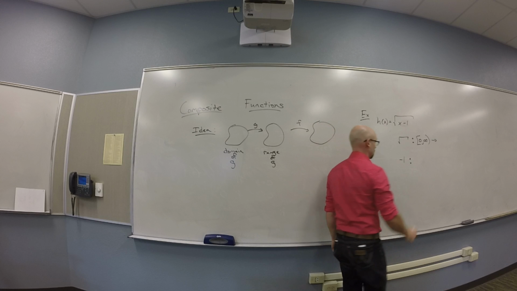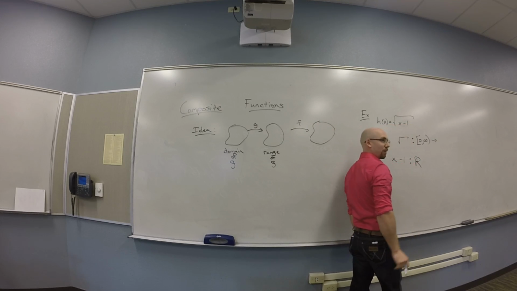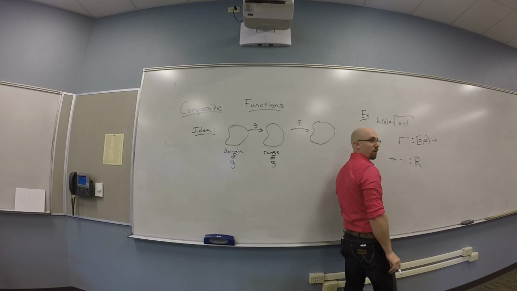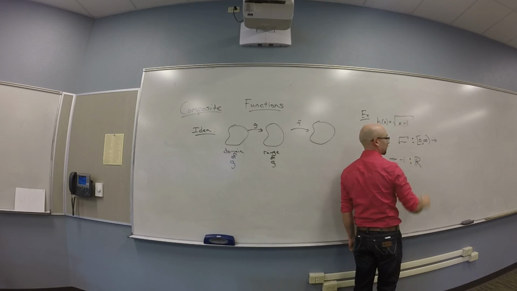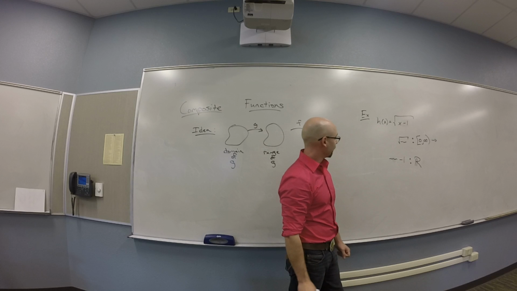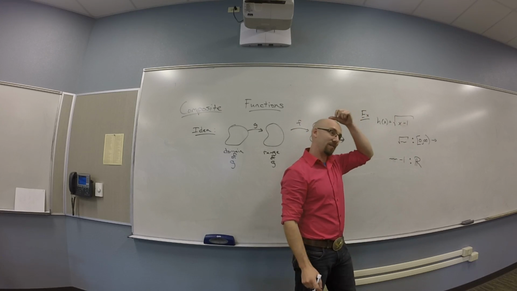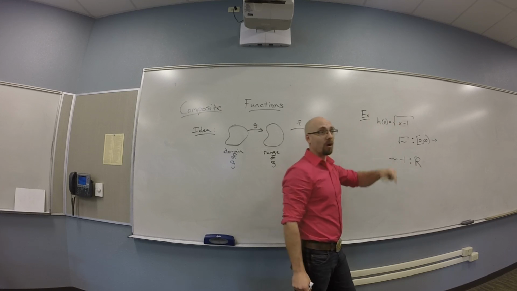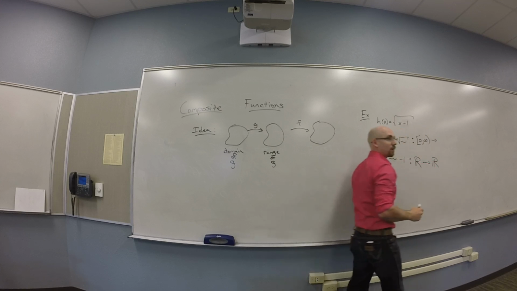If I wrote this as x minus 1, it takes some stuff and subtracts 1. So this takes the real numbers and takes them down one, to the real numbers again.